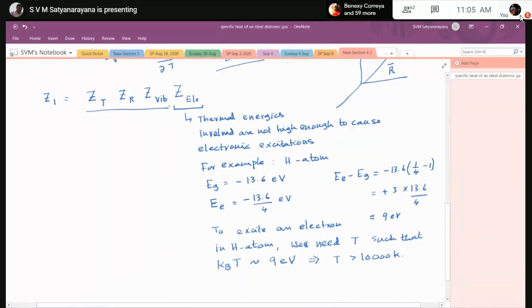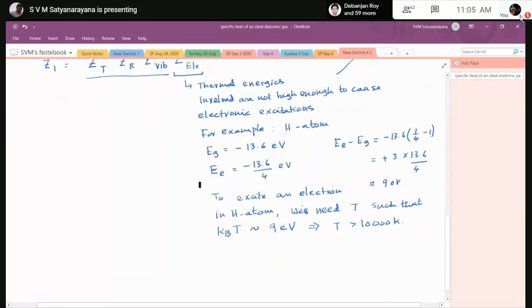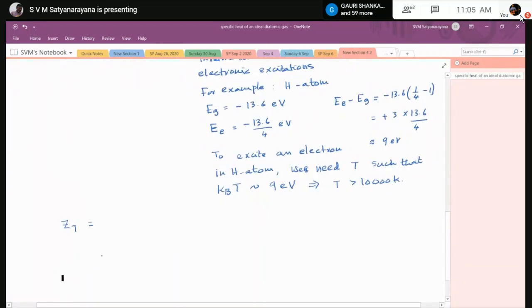So I am going to ignore that and then concentrate only on these two. Okay, so the translation degrees of freedom are associated with the center of mass. So let's try to look at how to do this translation partition function. So the partition function for the translational degrees of freedom is Z translation. Now the center of mass of this diatomic molecule will move as if it is a free particle.